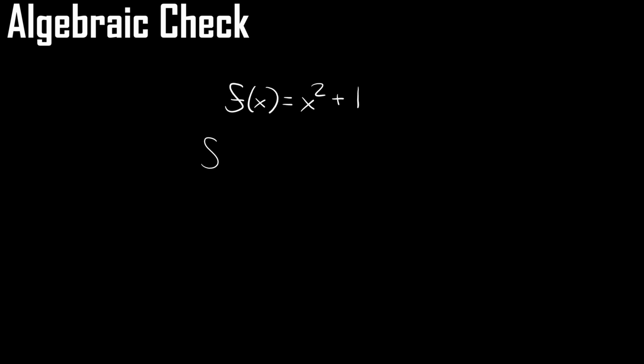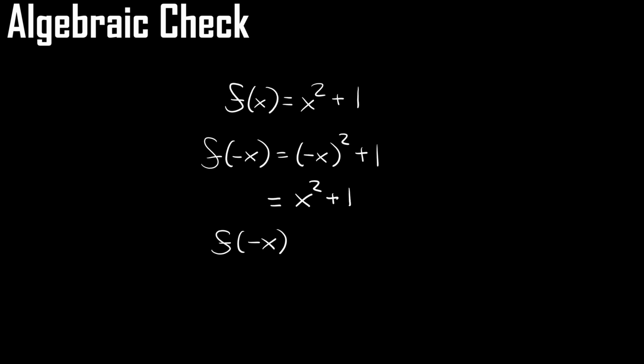So we'll get f of negative x equals negative x squared plus 1. When we simplify this, this becomes x squared plus 1. So this is even because f of negative x equals f of x.